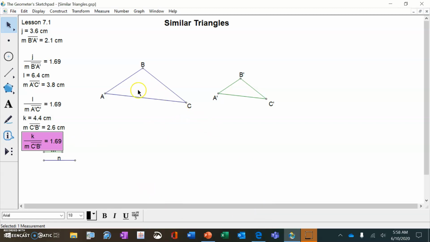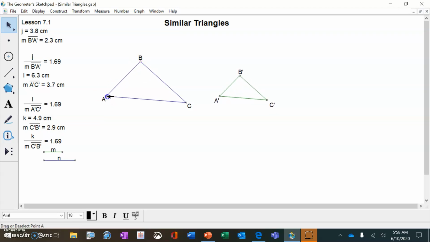So now the corresponding angles were equal and the corresponding sides always divide to be the same number. What we say in math for that is that the corresponding sides were proportional. I could also move this around so that we can see again that the 1.69 is going to stay. So these ratios always stay the same.